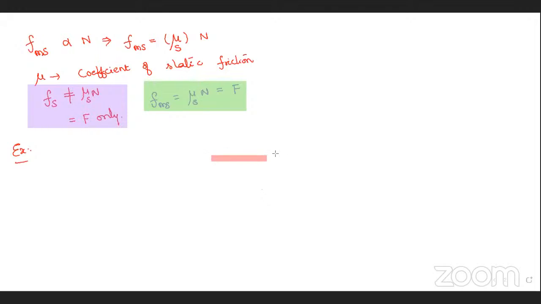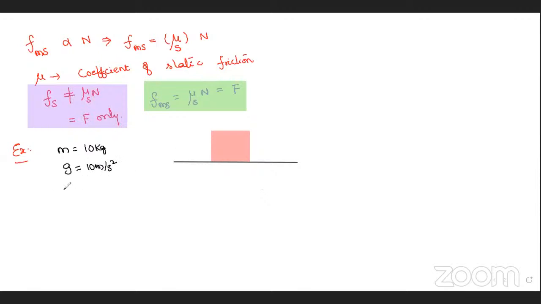Okay, sure. I'm giving one example here. Suppose this is a body placed on a rough surface. Its mass is 10 kg, and g this time you take as 10 meter per second square.